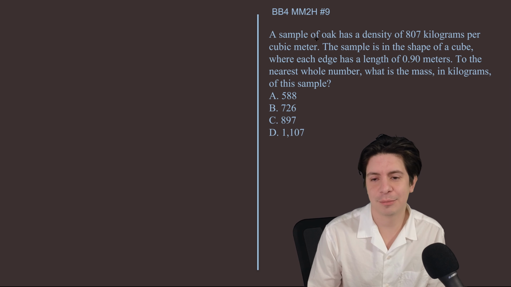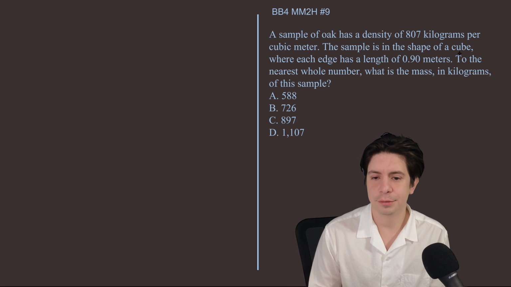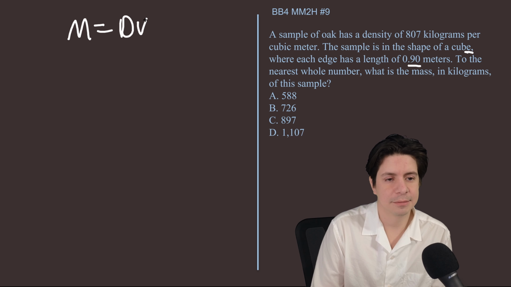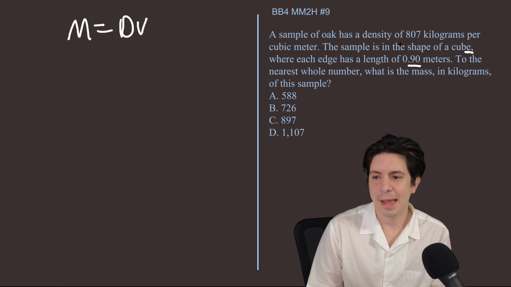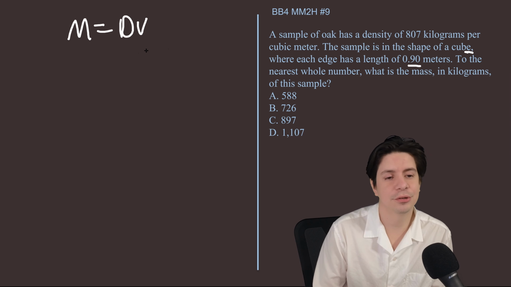And we have another geometry question here, a little harder than the parallel lines one, but not too bad. A sample of oak has a density of 870 kilograms per cubic meter. The sample is in the shape of a cube, where each edge is 0.9 meters. To the nearest whole number, what is the mass in kilograms of this sample? So important thing to know is that mass equals density times volume. 807 is the density, 0.9 is the side length, so the volume is going to be 0.9 cubed because that's a cube.